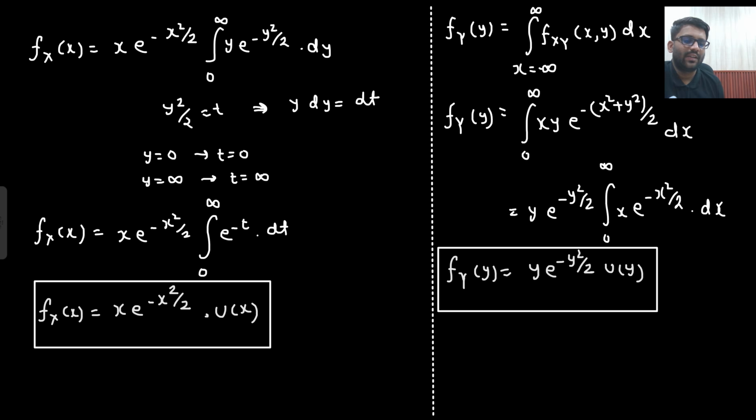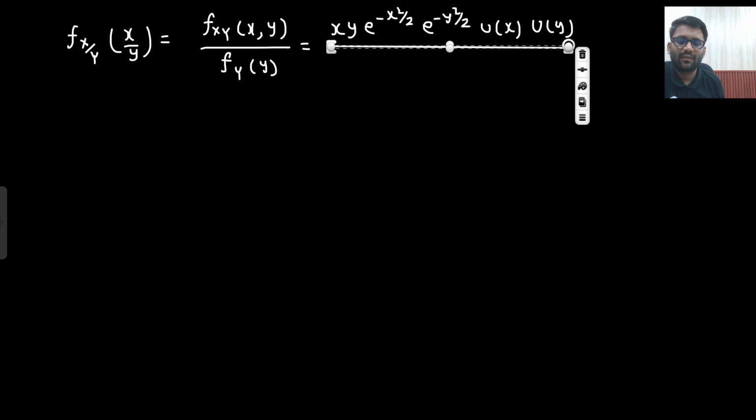What is this? This is given here: xy e to the power minus x square by 2 e to the power minus y square by 2 ux uy. Can I write it down in this manner? Surely I can. Divided by, what is my fy of y coming out to be? Fy of y is coming out to be y e to the power minus y square by 2 uy.